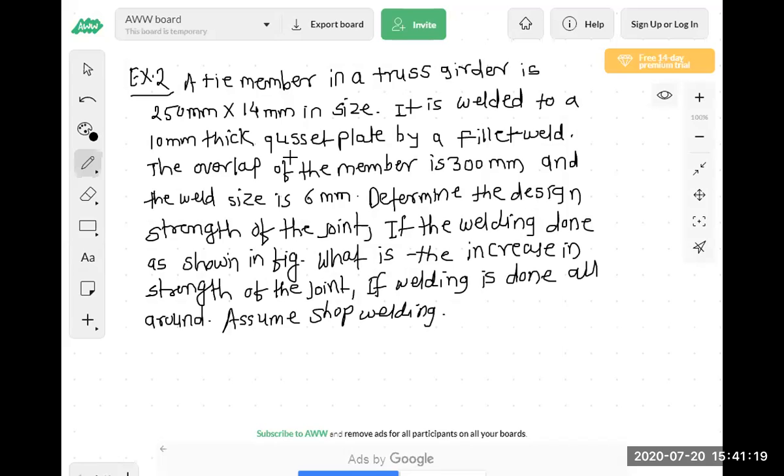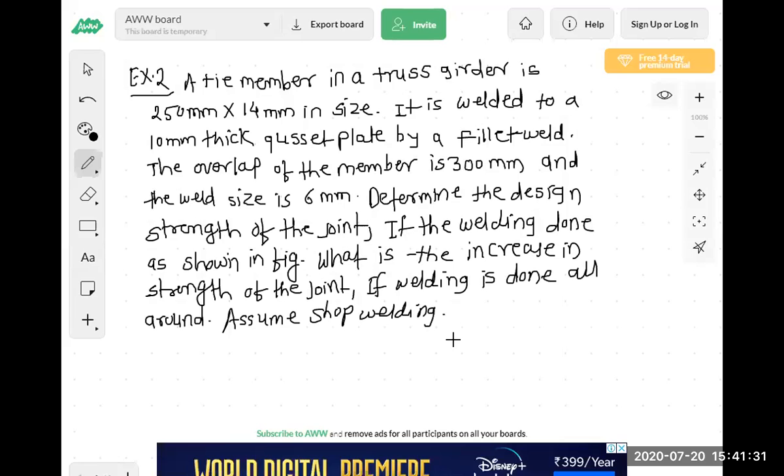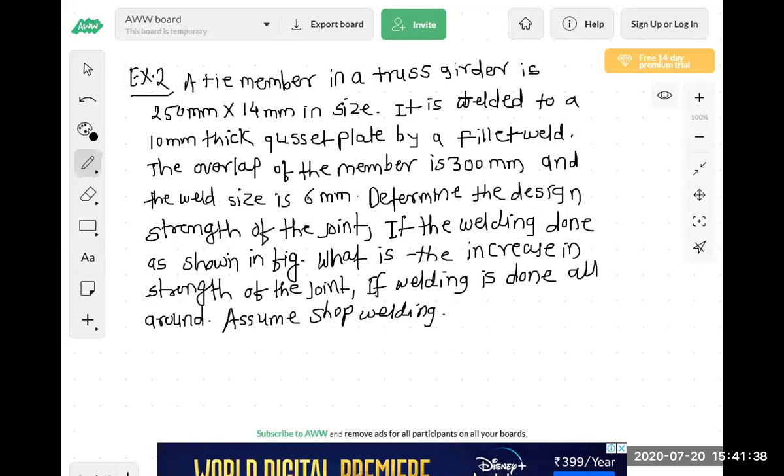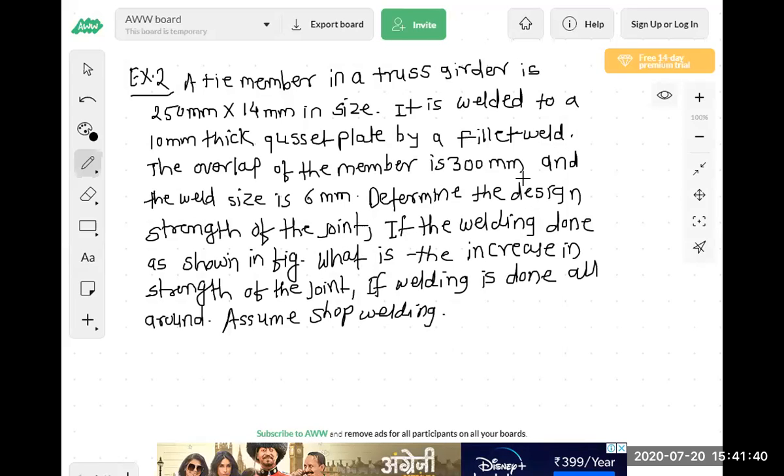Till now you have written the problem statement, everyone has written. If anyone has not written, please write down the problem statement fast.